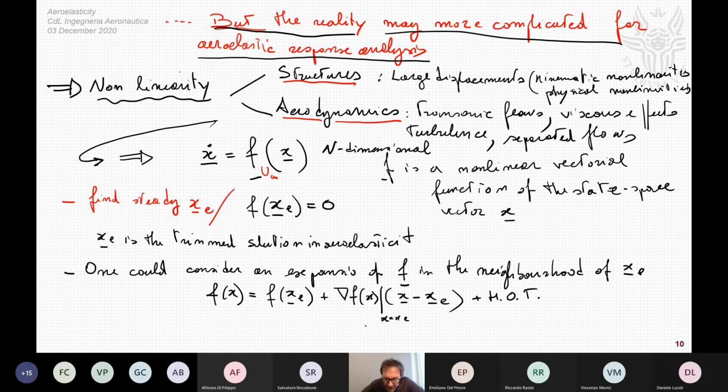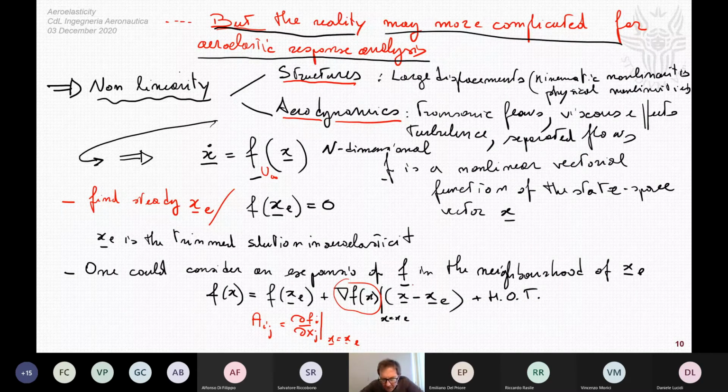And so we have here this gradient defined as the derivative of f_i with respect to the x_j state space variable, evaluated at x equal to x_e, and this is just a matrix A, with ij component.